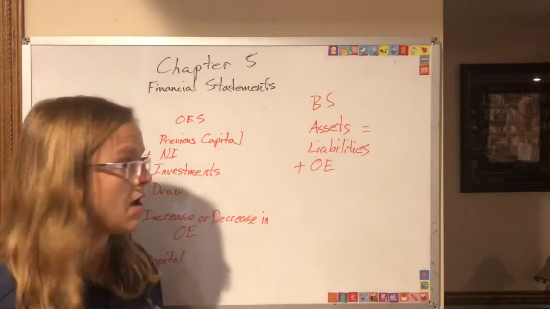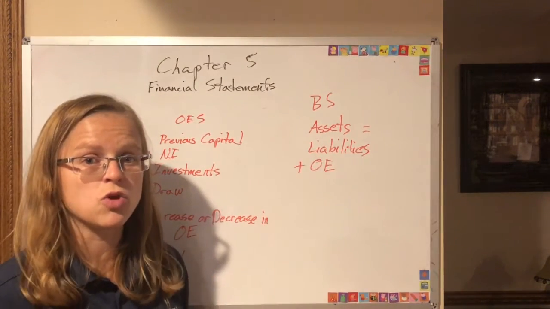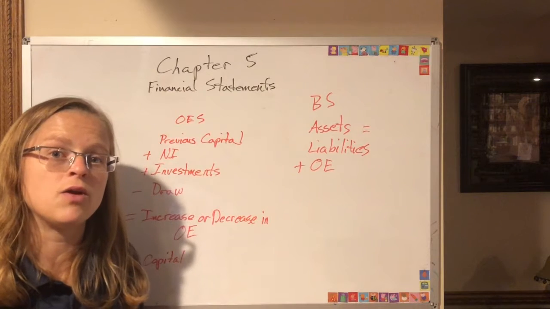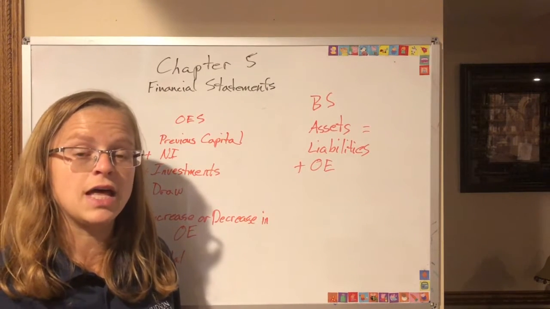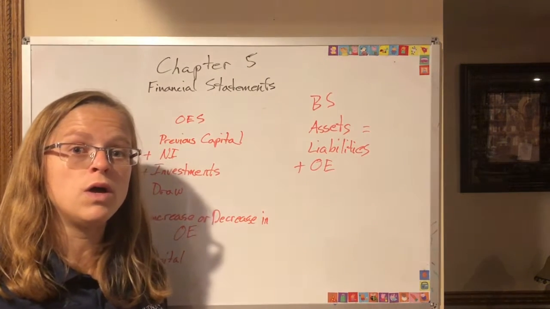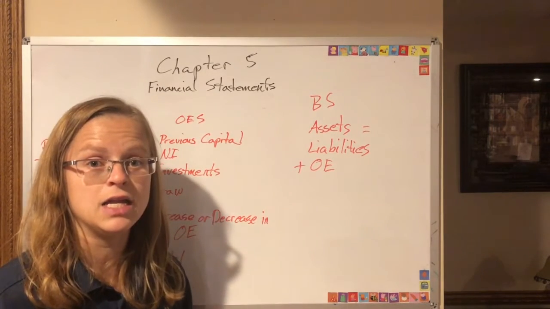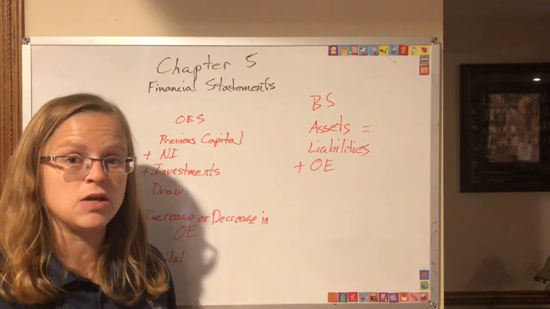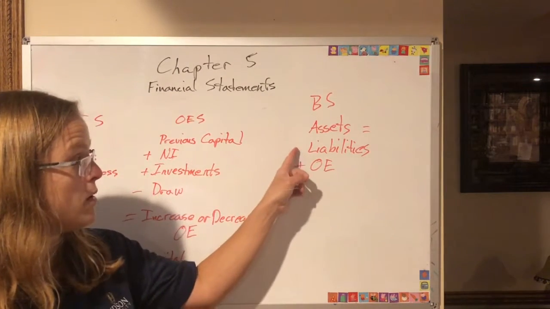Yes, it's the basic accounting equation. Assets equal liabilities plus owner's equity. The balance sheet takes that equation and makes sure that what the company owns, what they owe, and what they lay claim to all equals out in the end, and the debits equal the credits, right?